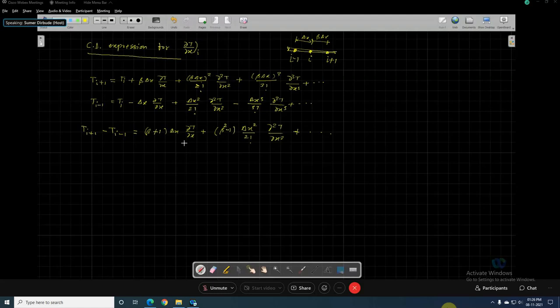Okay, now if you divide this expression by delta x, you will get rid of this delta x. You will also get rid of 1 delta x, and here you will get some order of delta x square. Okay.